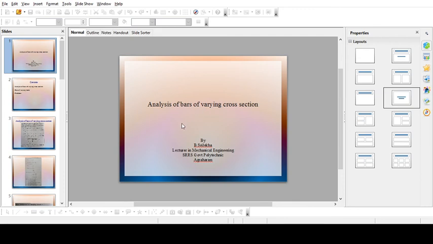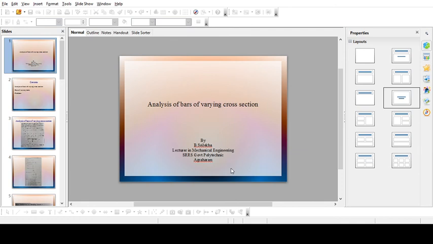Now we know that modulus of elasticity is equal to stress by strain. If I am considering strain, then it is simply stress by modulus of elasticity, where E is the modulus of elasticity. Initially for the first piece, stress sigma 1 is P by A1, that is load by area of the first.